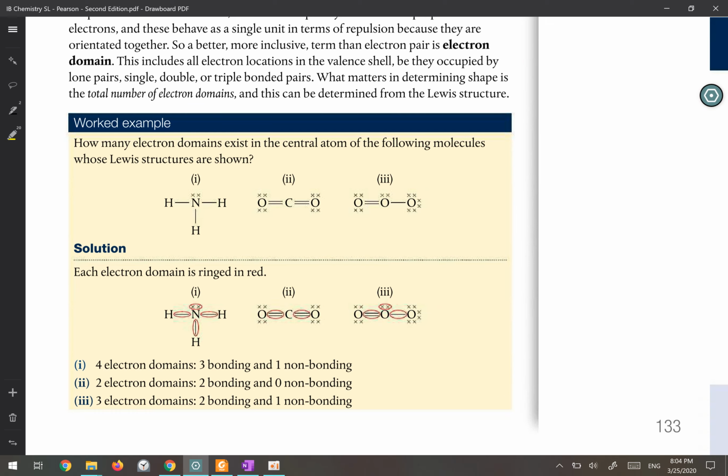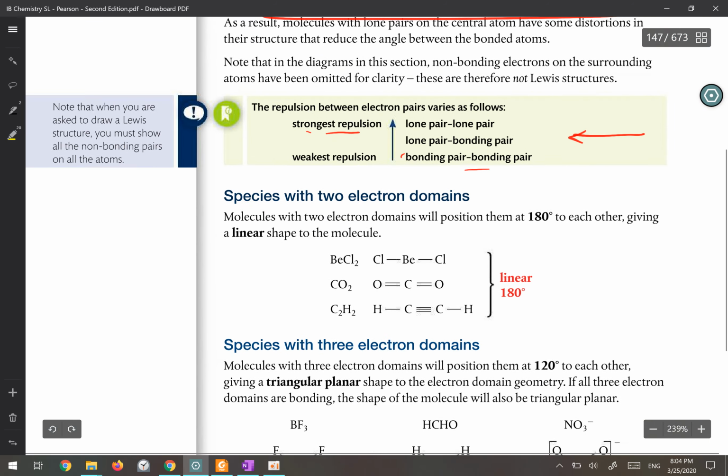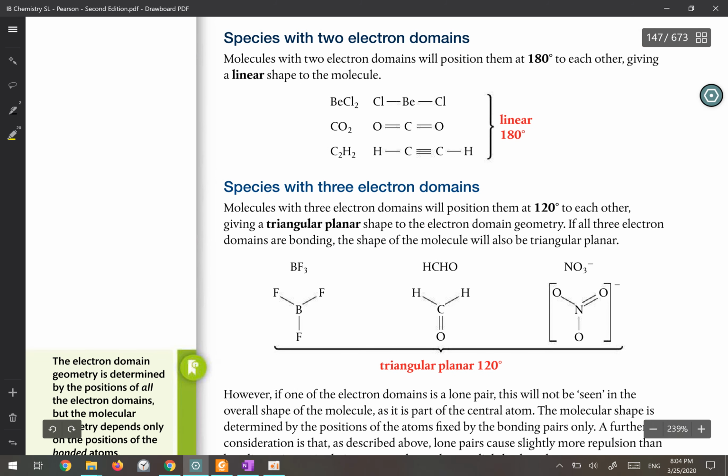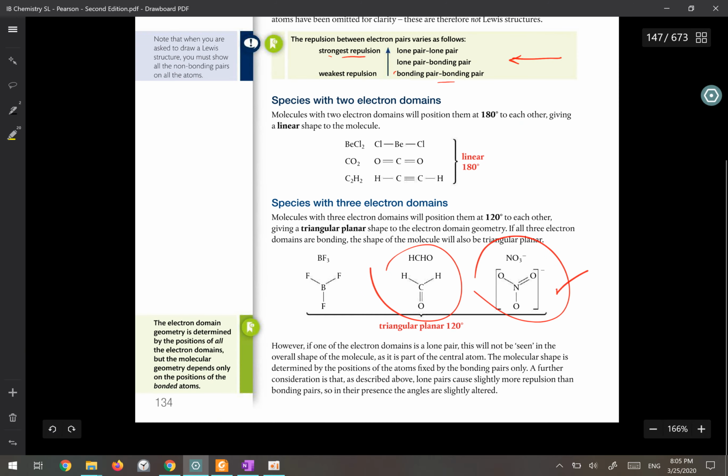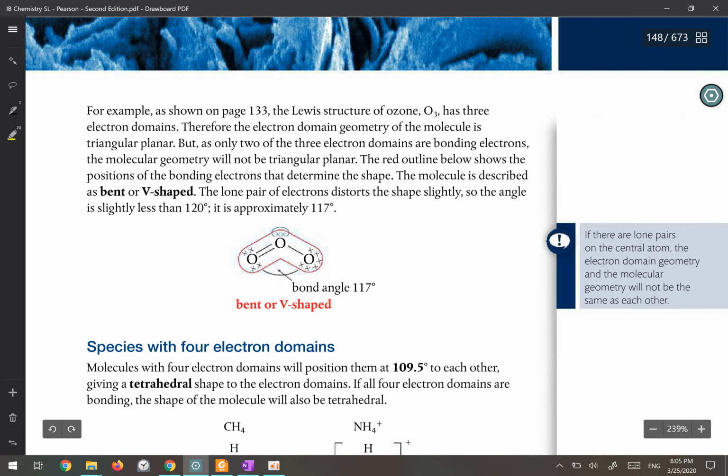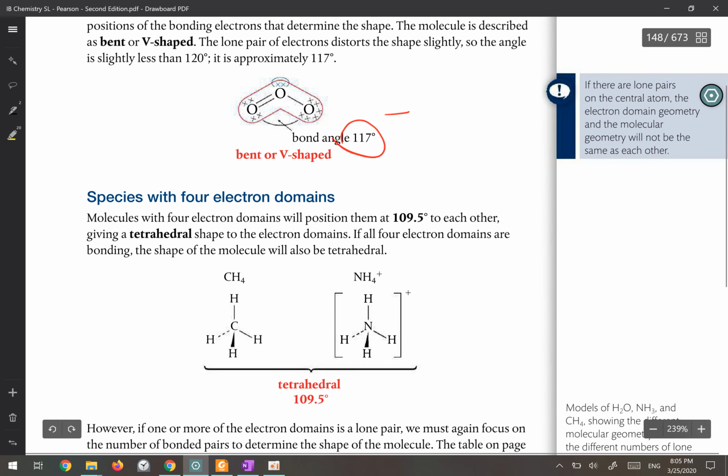In the previous videos we have talked about all of these examples that we have here. We have talked about BF3, we have talked about NO3 minus and drawn the resonance structure for it, and so on. We have talked about the ozone molecule, whose angle decreases to 117 degrees.